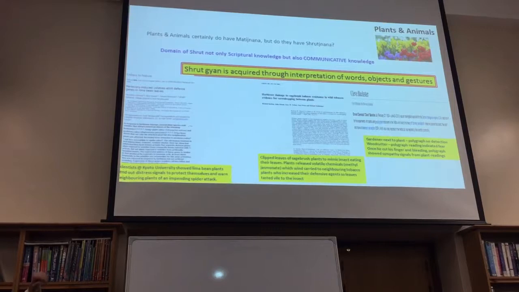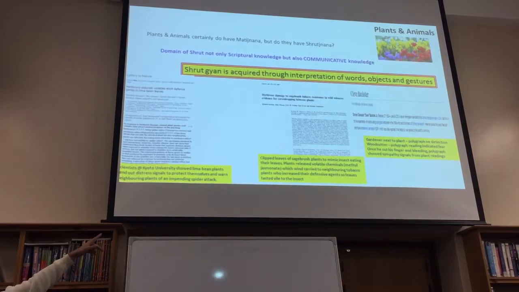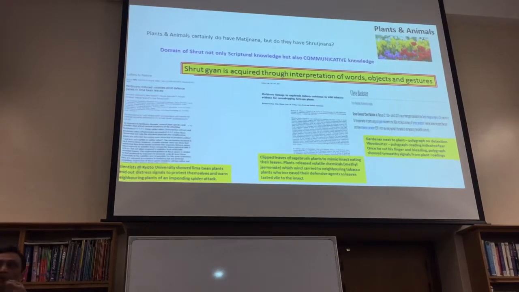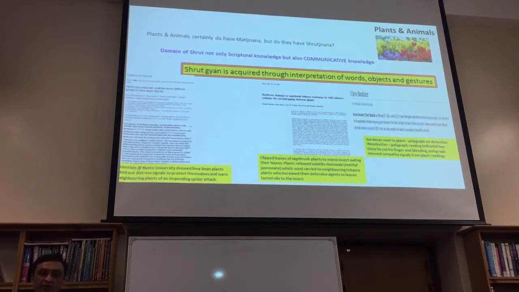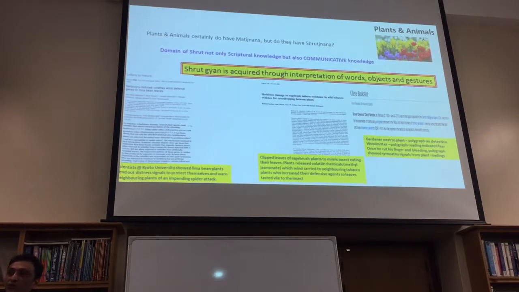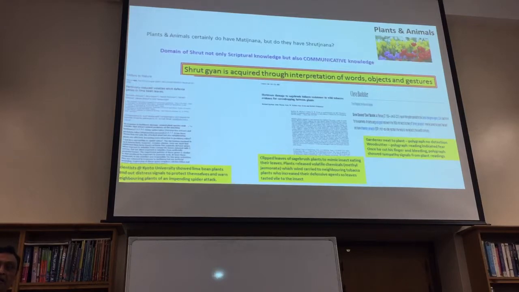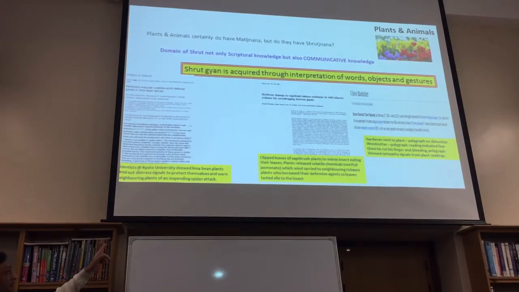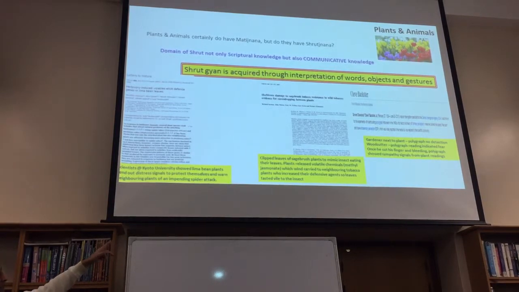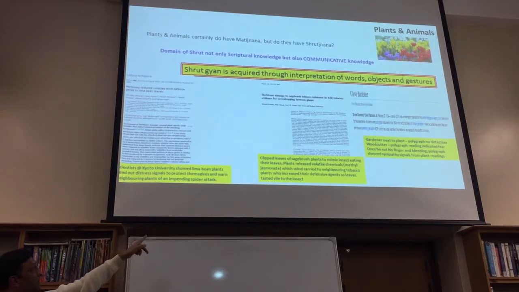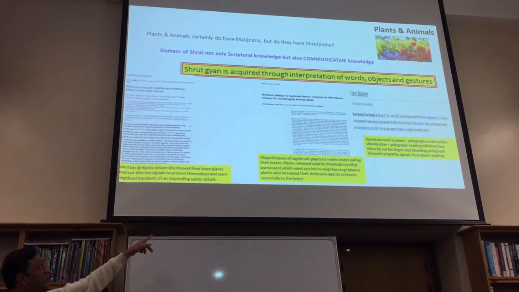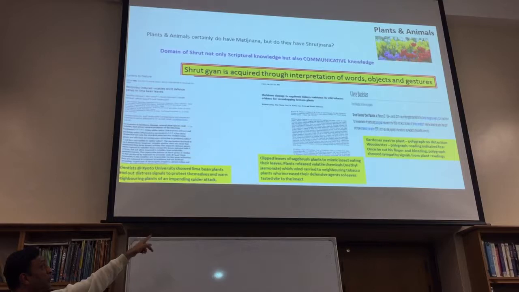A second piece of research: someone clipped the limbs of a sagebrush plant. So you go to the plant with a nail cutter and clip its leaves, to mimic an insect eating the leaves. The plants release volatile chemicals, methyl jasmonate, which is carried by wind to neighboring tobacco plants, which increase their defensive agents so the leaves taste wild to the insect.